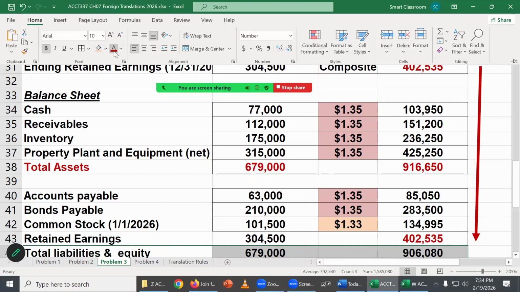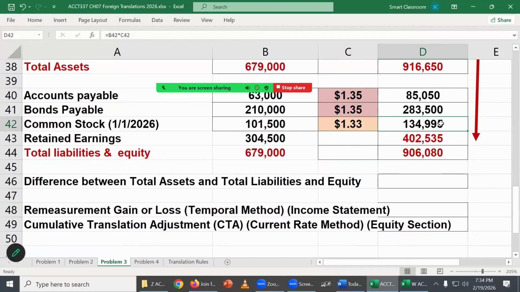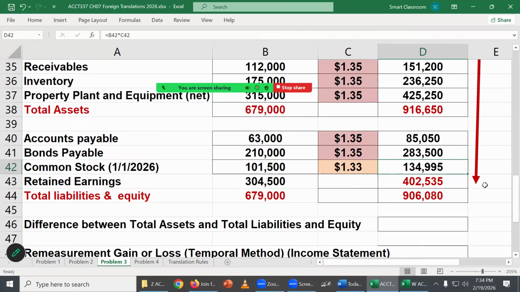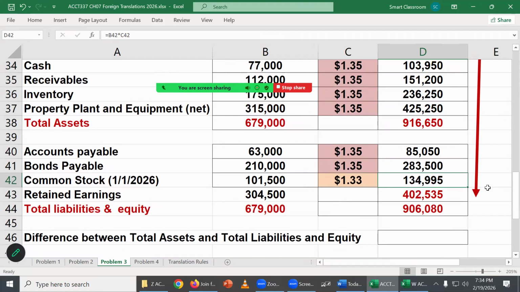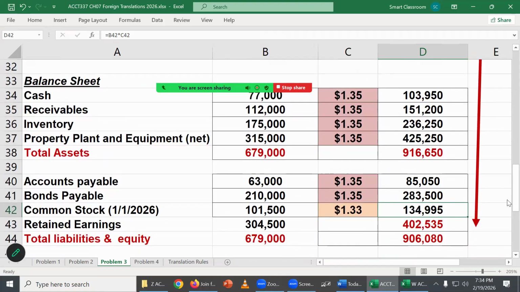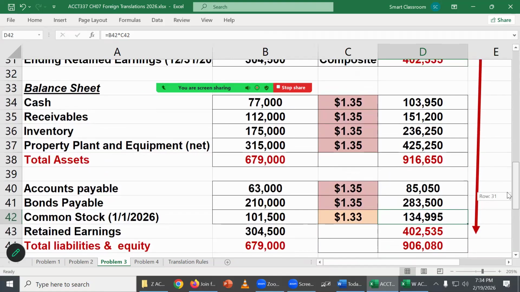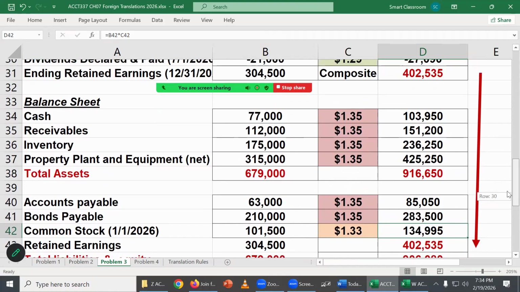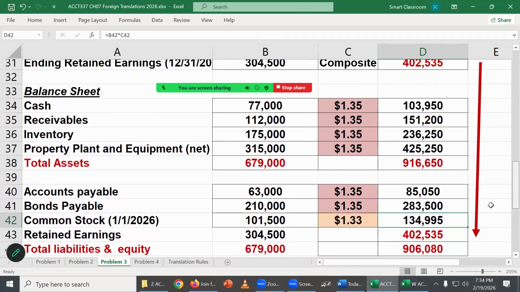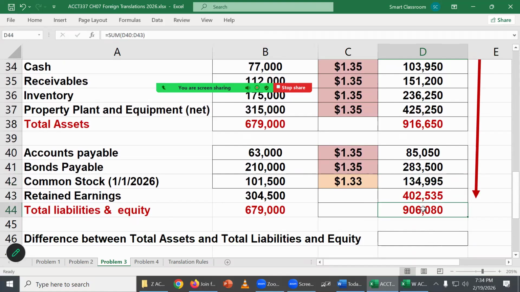Let me read these off to you guys. Okay, so common stock is at 134,995. Retained earnings is still the same as up above. It'll be at 402,535. And the total will be 906,080.